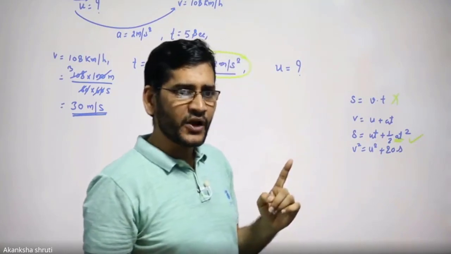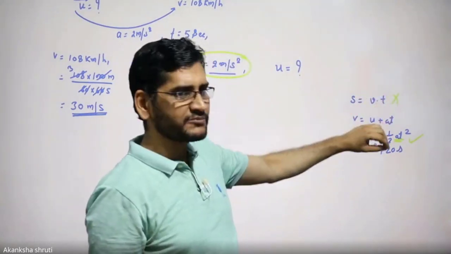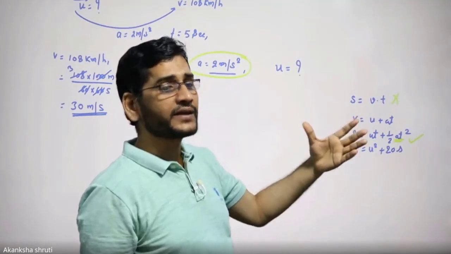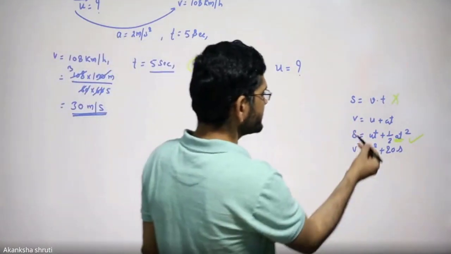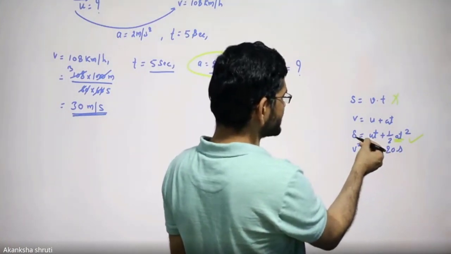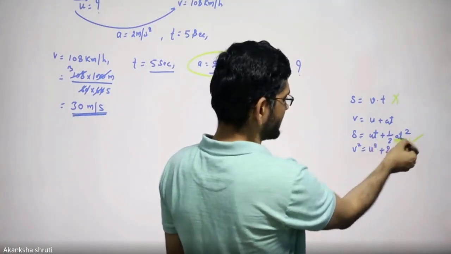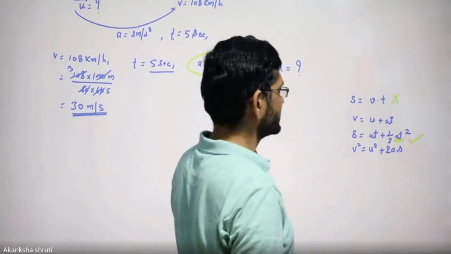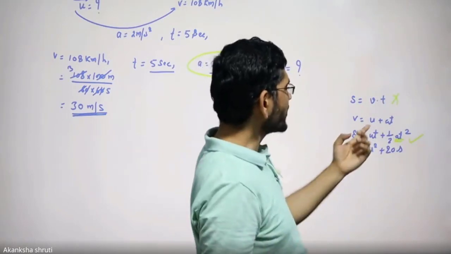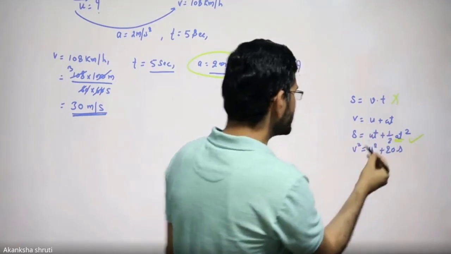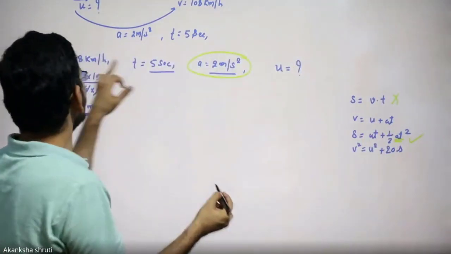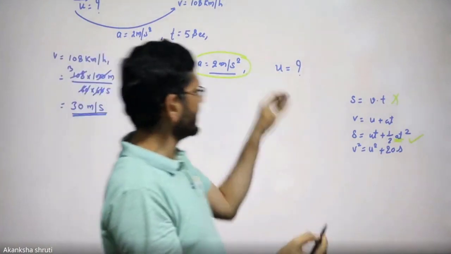So it is very important to search for the possible formulas and choose the suitable one. Here, if the displacement were asked, then we would apply the second one. But here, it is asked to calculate u. Which formula correlates v, t, u and a?